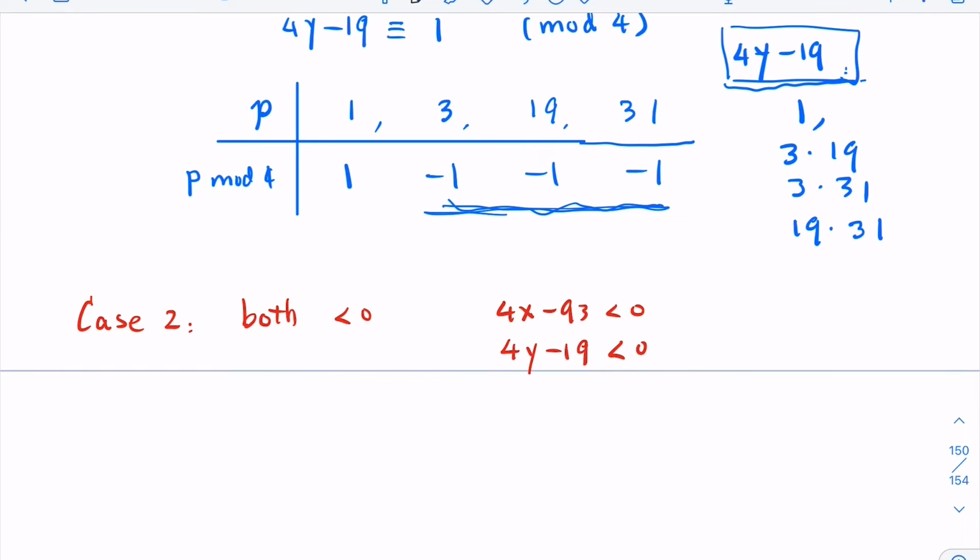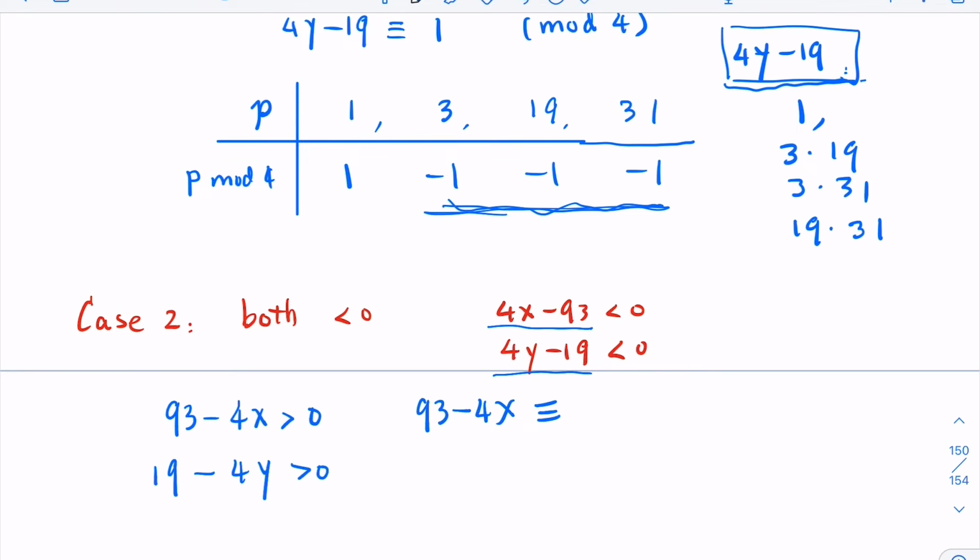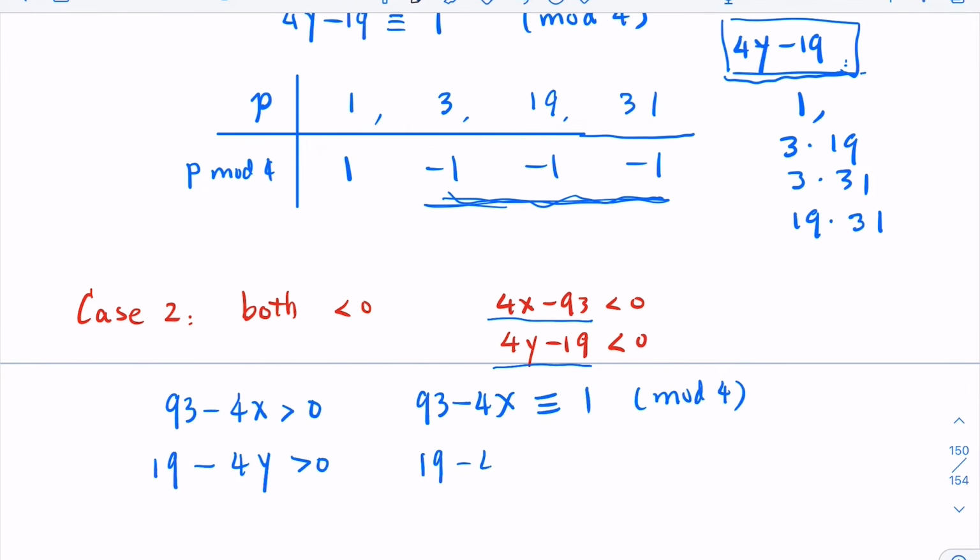In the second case, both numbers are negative. In this case, 93 minus 4x would be positive, and so is 19 minus 4y. Similarly, we consider mod 4. 93 is congruent to 1 mod 4, since 92 is a multiple of 4. And 19 minus 4y is going to be negative 1 mod 4.